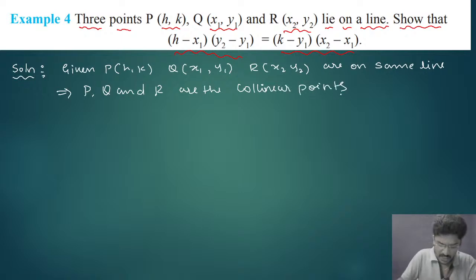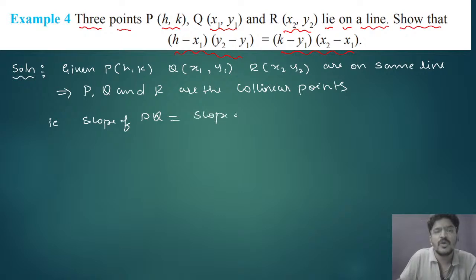That is, the slope of PQ is going to be equal to the slope of QR.